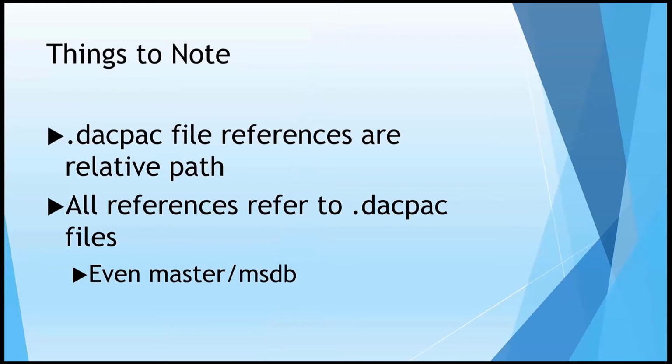And something to remember there is that those file references, although they look like they're an absolute path, they are actually relative. And therefore, that target DACPack needs to be inside the same source control repo as everything else you're working with. Otherwise, again, when you move your code around and when you put it up to your automation server, it's not going to work properly.